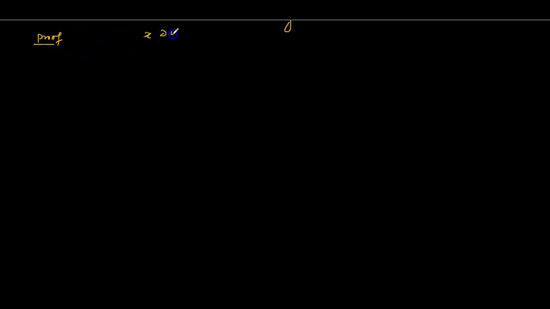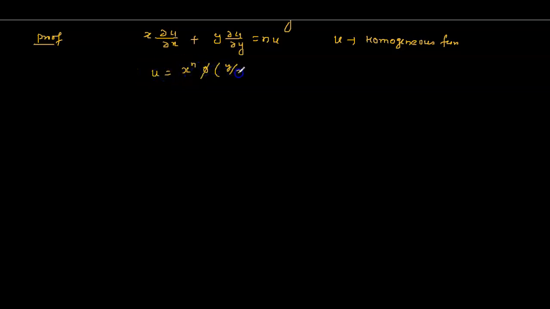for x into del u by del x plus y into del u by del y is equal to n into u, where u is a homogeneous function. So let's consider the homogeneous function u, which we can write as x power n times phi of y by x.